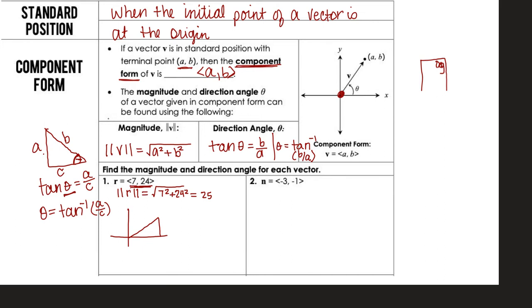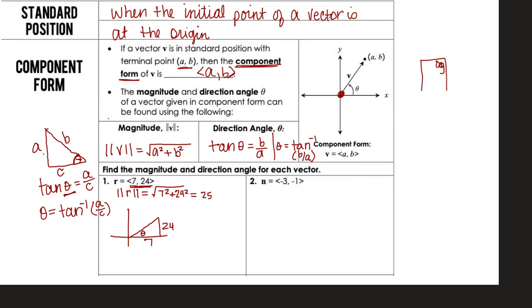This is very similar to the unit circle, except we've got different values that we're plucking off. So 7, we went over 7, and we pretended to go up 24. Is that okay? And then the angle inside here, theta, is what we're finding. Is that okay? All right.